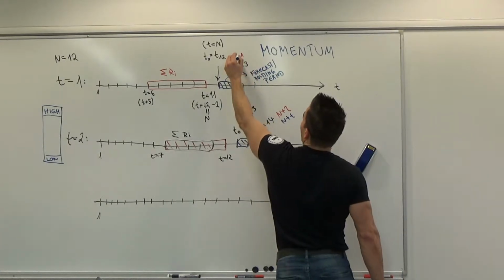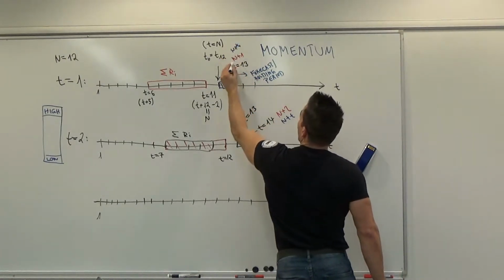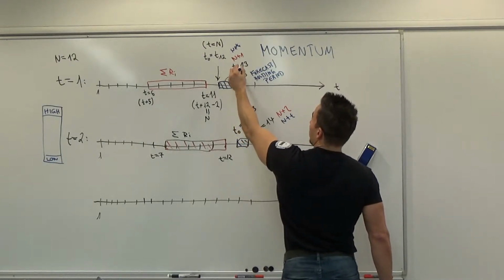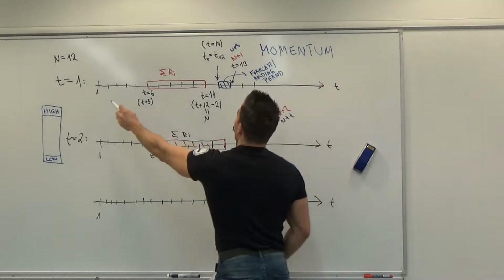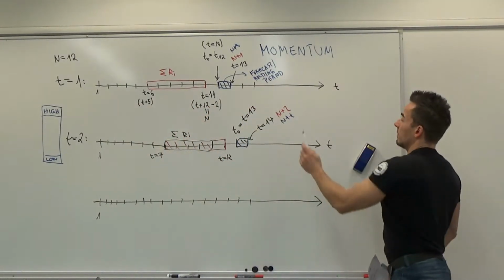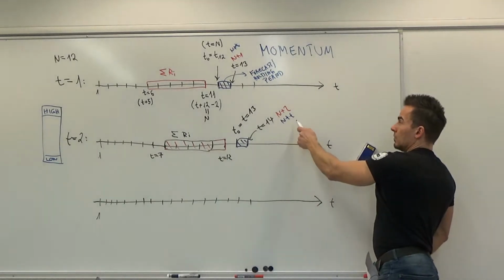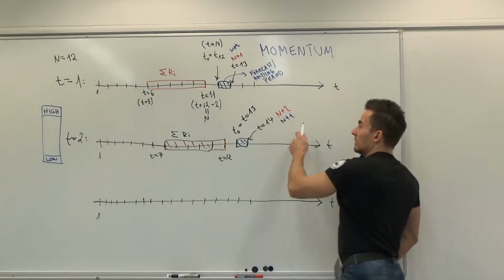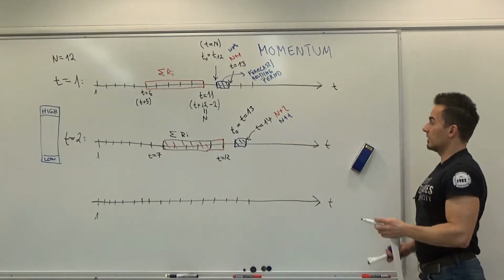And here we can also write n plus t, because it's 13 and n is 12, and we are at t is 1, so 12 plus 1 is 13, and that's our focus period in the first iteration. The second iteration is 14, it's n plus 2, and t is equal to 2, and n is 12, so it's n plus 2 or n plus t.